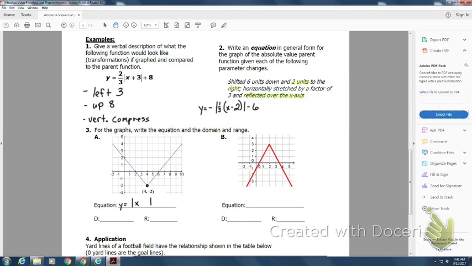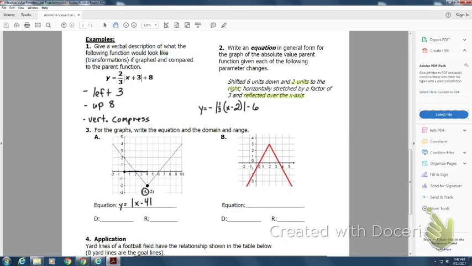So starting at the origin and moving to the vertex, did it go to the right or to the left? How many? Don't think up and down yet, just right or left. 4. Okay. Or just look at that x value right there. And since it went to the right, it's going to be -4.